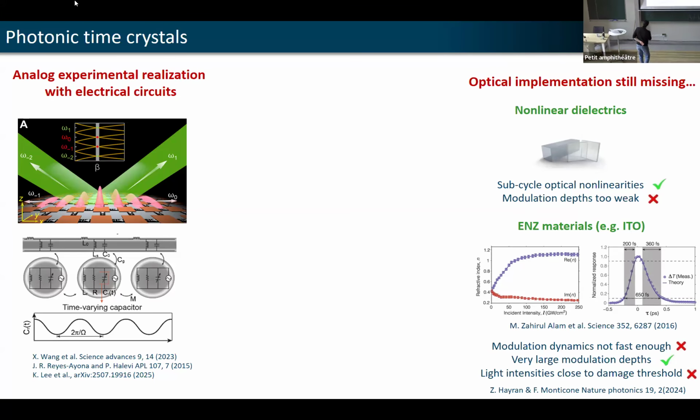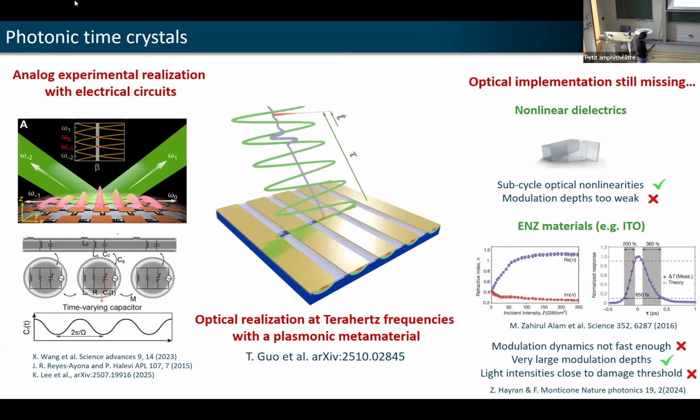Okay, so far the experimental realizations are more like analog, with electrical circuits. Because here you can modulate the capacitance and the inductance with nonlinear components pretty straightforwardly. And so people have seen this physics I'm talking about. But an all-optical realization was not made until we did it, at least we claim, in this plasmonic material that I talked about at the beginning.